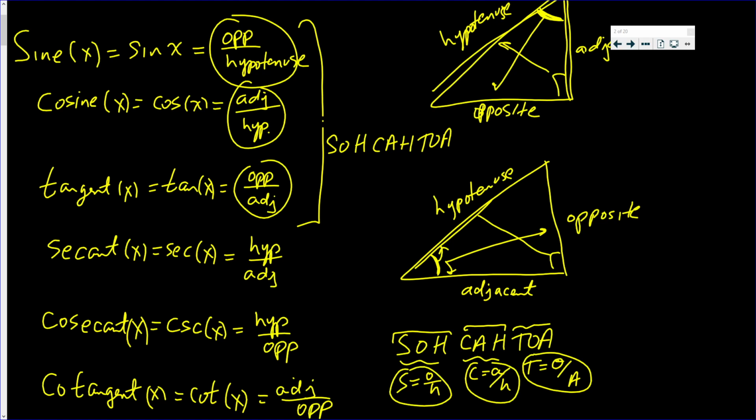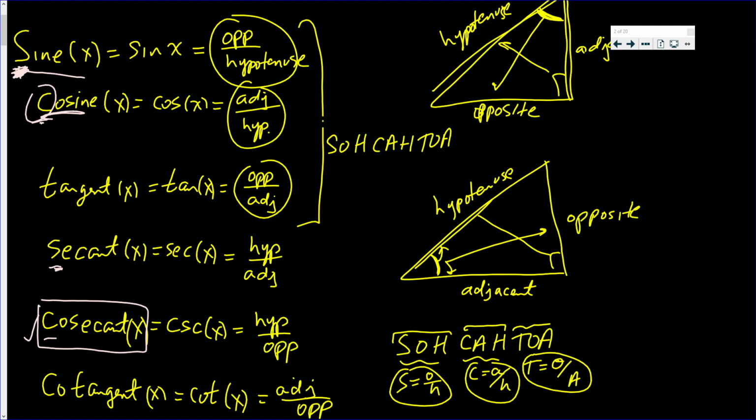Now, let us look at this. Sine and cosine, they start with S and C. And secant and cosecant, they also start with S and C. One would hope that the reciprocal of sine would start with the S, but it doesn't. It's the other letter.